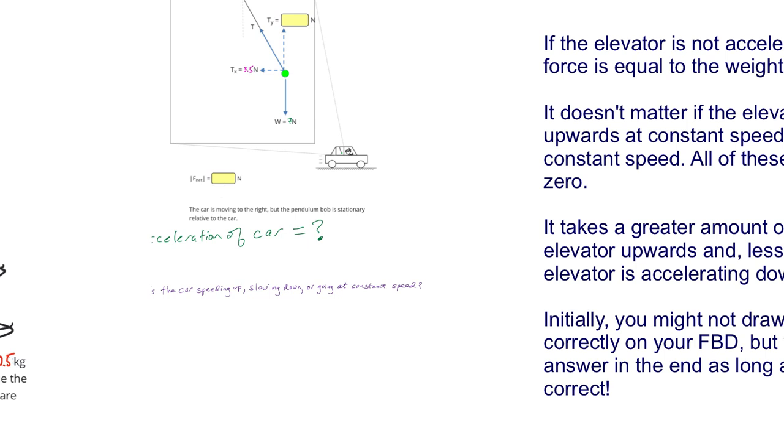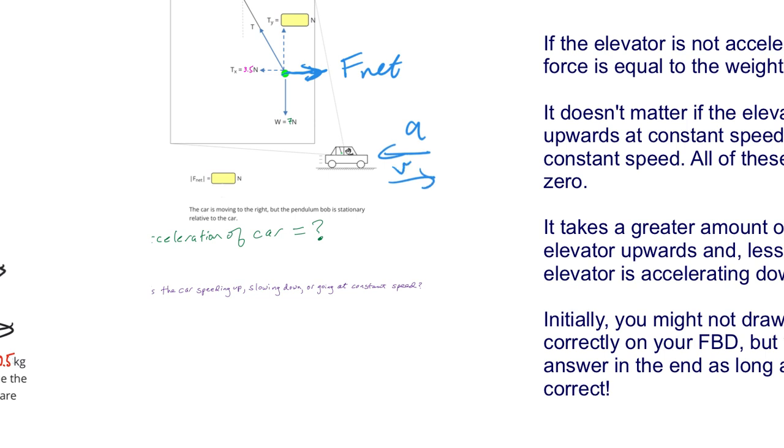So net force is an apparent force pushing it that way. Now why is it moving that way? It's because the car's decelerating. The velocity is forward, but he's putting on the brakes.